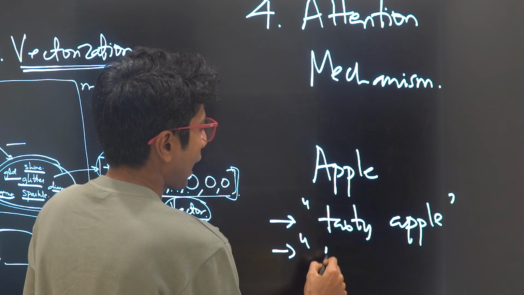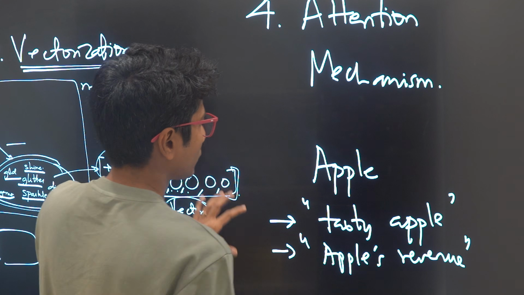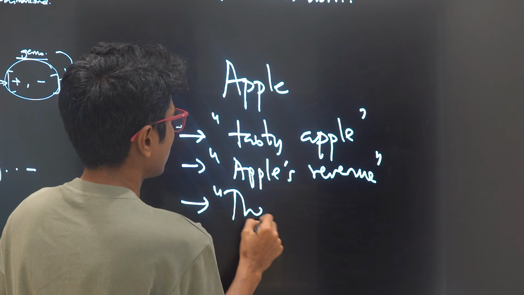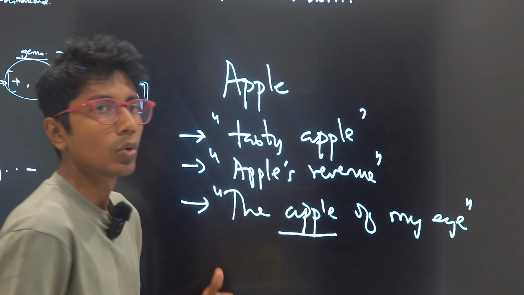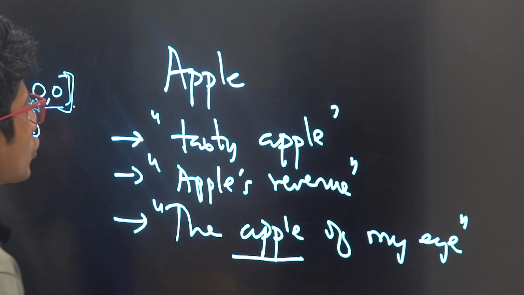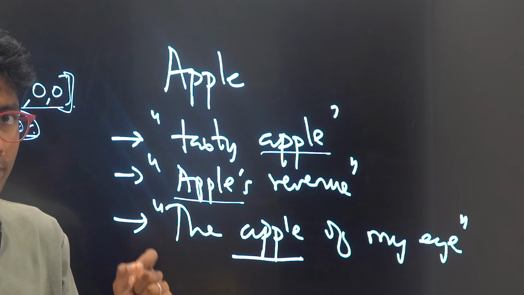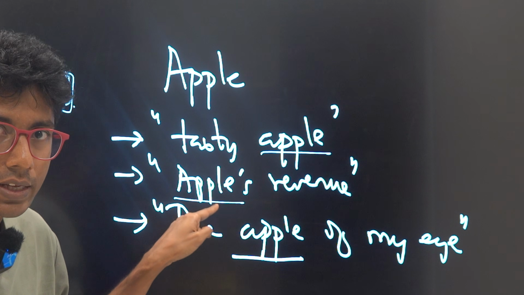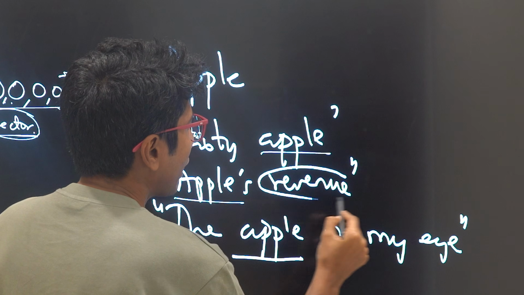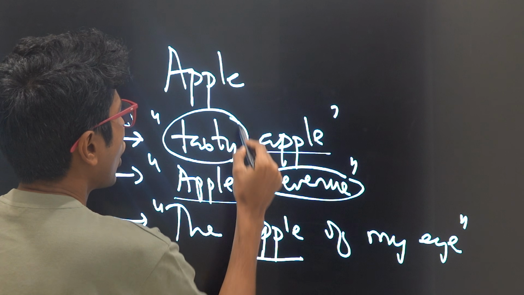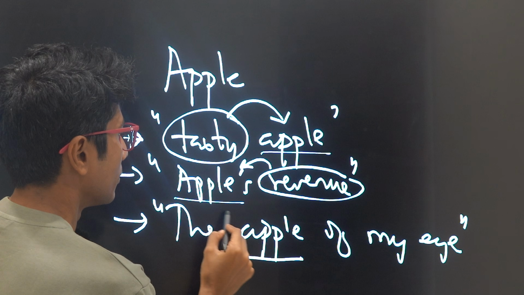When you say Apple's revenue, you probably mean the company. And if you say the apple of my eye, you're probably talking about a young person who you have affection for. So apple has different meanings, and the only way to understand the meaning is not by looking at the word itself, because that spelling is the exact same, but by looking at nearby words which add context to the meaning of apple.